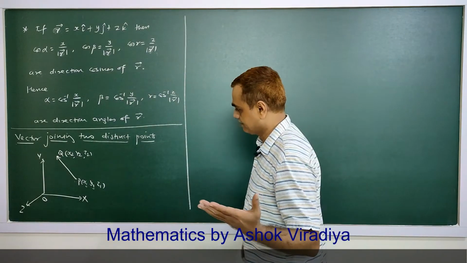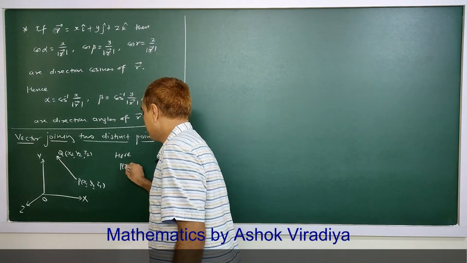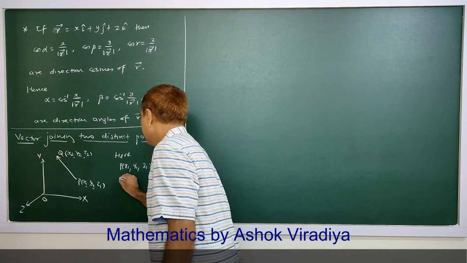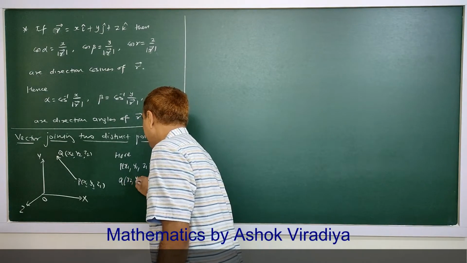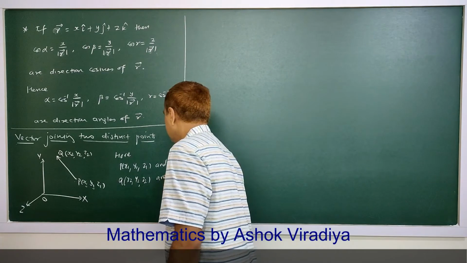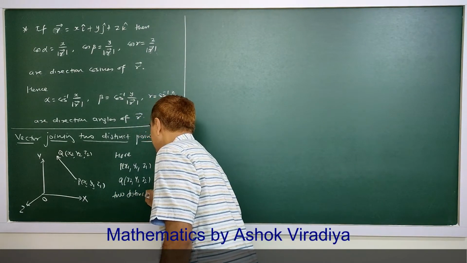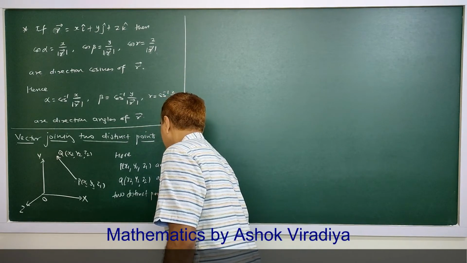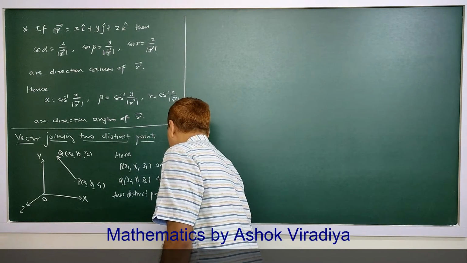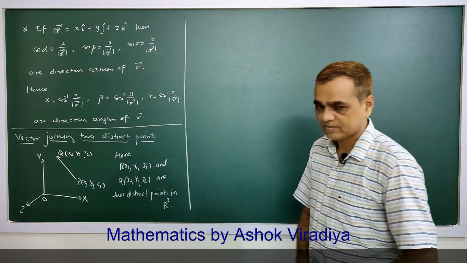So the method is, say here P is x1, y1, z1 and Q is another point whose coordinates are x2, y2, z2. These are 2 distinct points in R cube, that means in space.